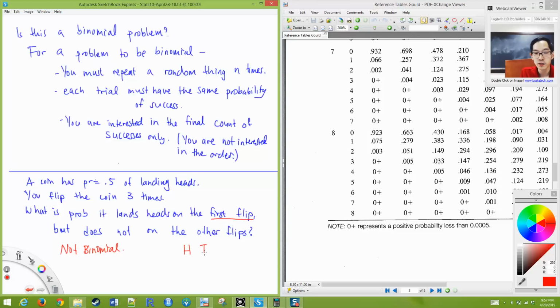A coin has probability 0.5 of landing heads, and then I ask the question, what is the probability that the coin lands on heads exactly one time out of the three flips?